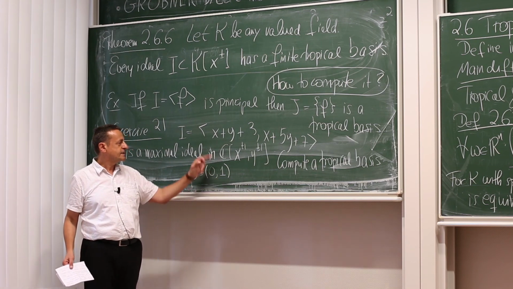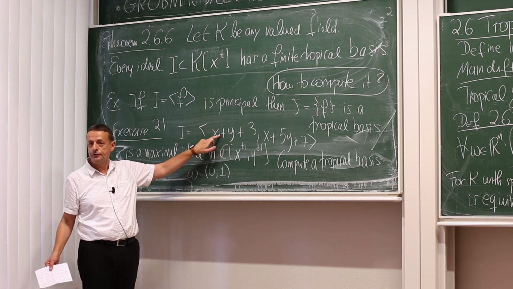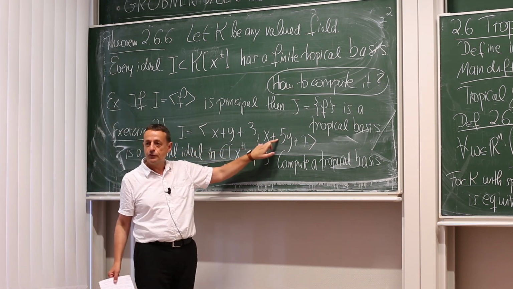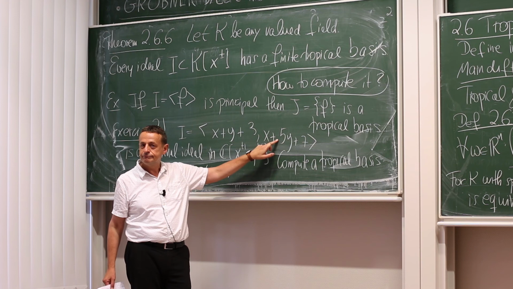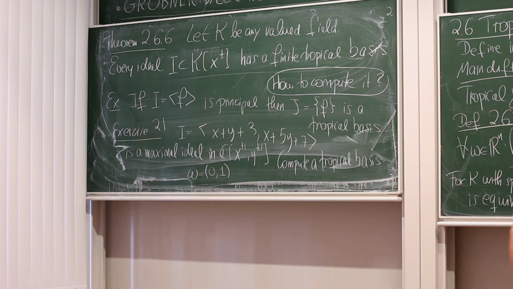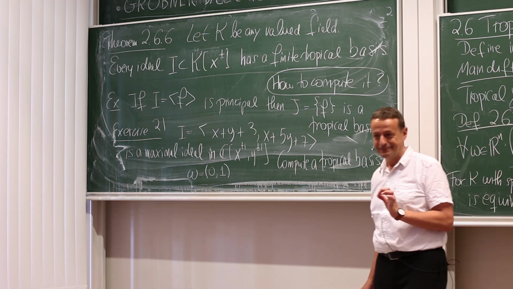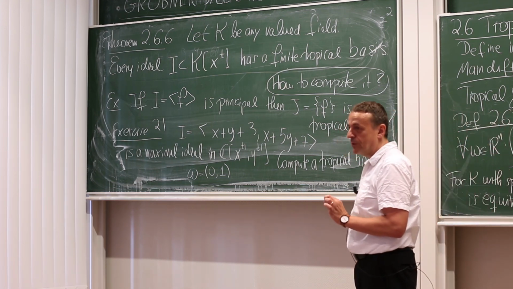For these weights, the initial form of the first generator is x plus 3. That's not a unit. For the second, the initial form is x plus 7. That's not a unit. So this condition is false. But this condition, I claim, is true: there exists an element in the ideal such that the initial form is a unit.